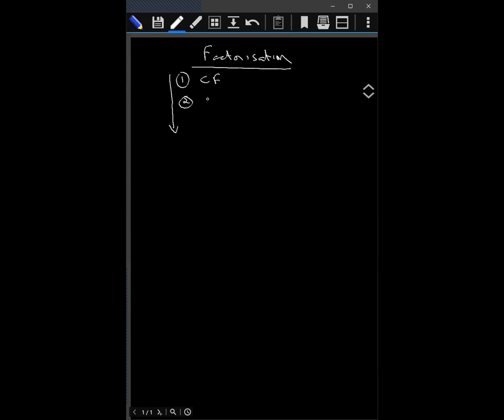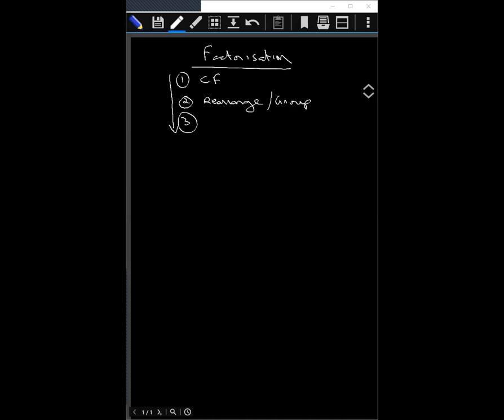Sarah? So we group, rearrange, regroup. Yes, rearrange, group them. If we still cannot rearrange and group, then what do we do? We use the identities. Yes.